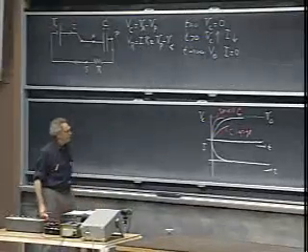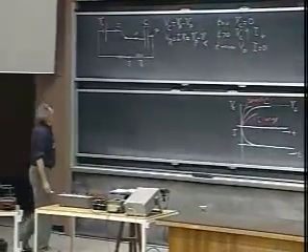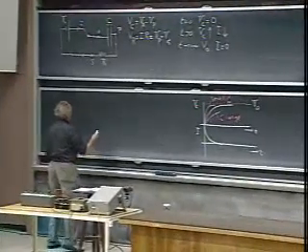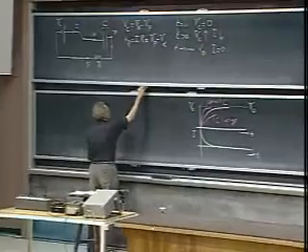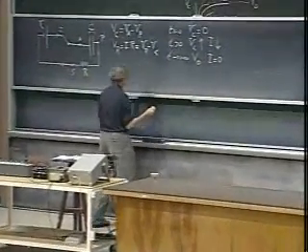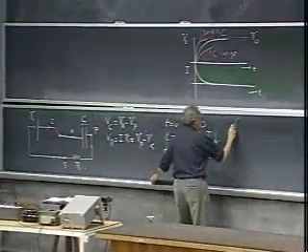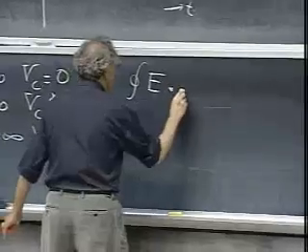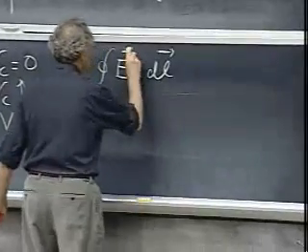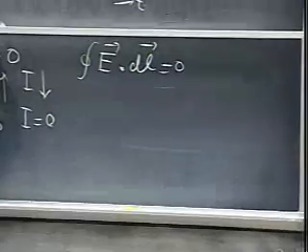Let's now do it the correct way. The closed loop integral of E dot dl happens to be 0, which will make Mr. Kirchhoff very happy. The closed loop integral of E dot dl in this circuit is 0. Mr. Faraday is happy and Mr. Kirchhoff is happy.